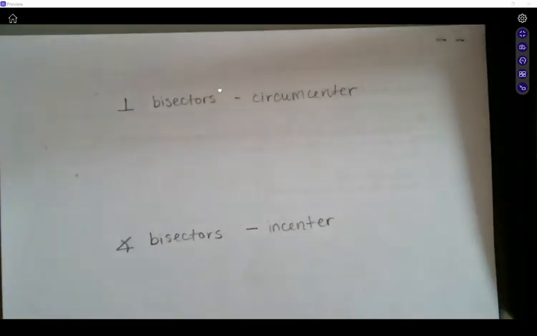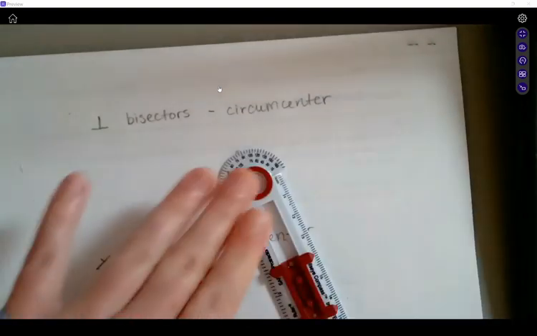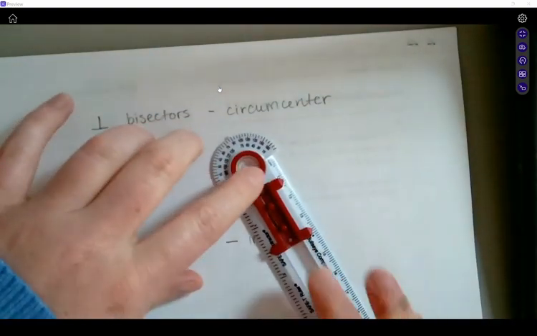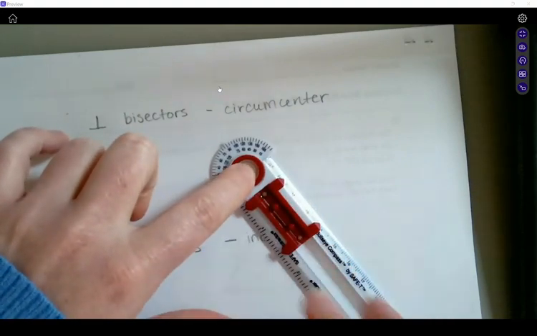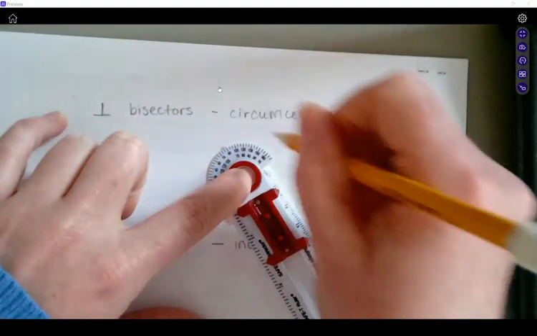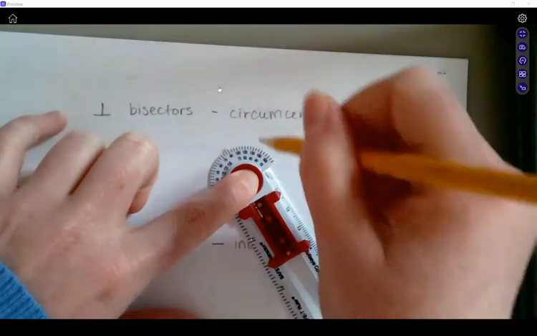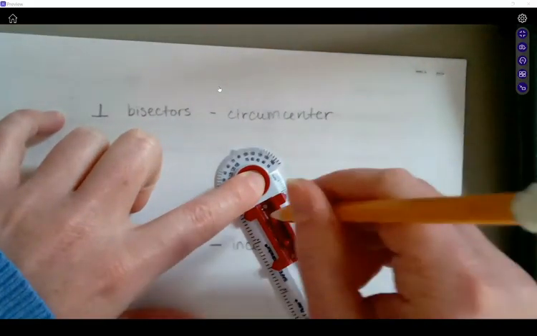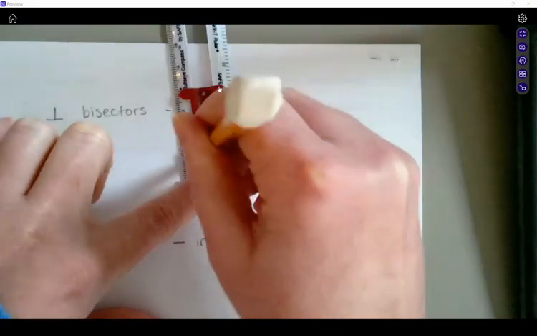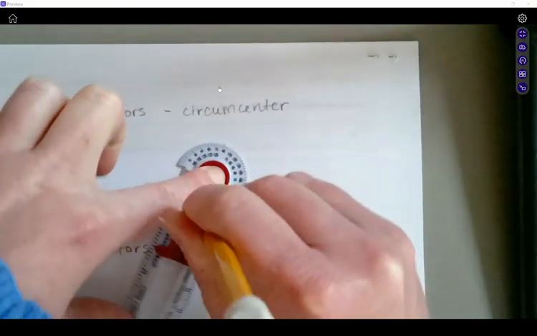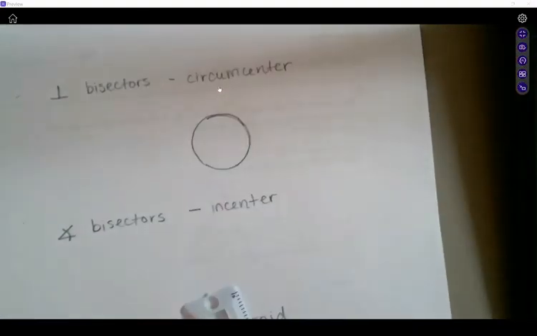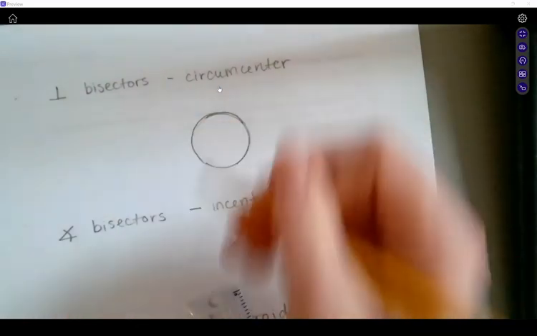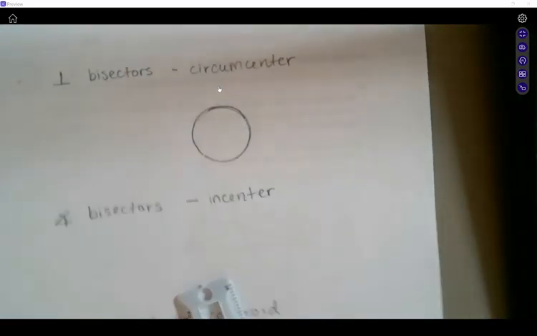What I want you guys to do is use your compass, and slide your slider in as close as possible to the center of rotation, and you're going to make a small circle here in between the words circumcenter and incenter. So just using your pencil, make a small circle. I just used a pencil, and I did not do a very good job, but okay.